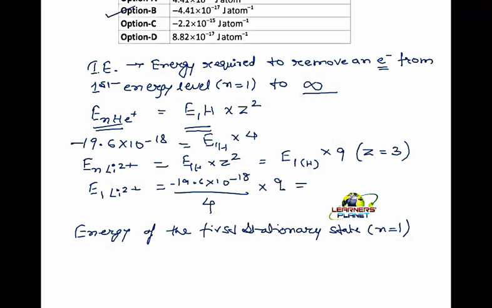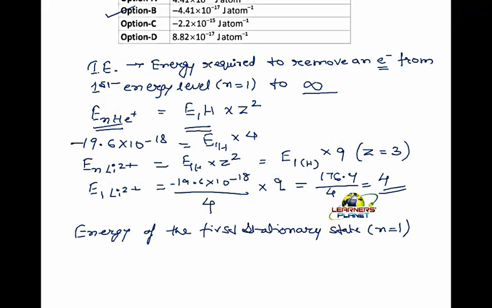Now if I'm doing actual calculations, your 19.6 multiplied by 9 will be 176.4 divided by 4. Again, 4 4s are 16, so first digit is 4. Right? So here round it off and get your answer at a faster rate, or get it immediately.